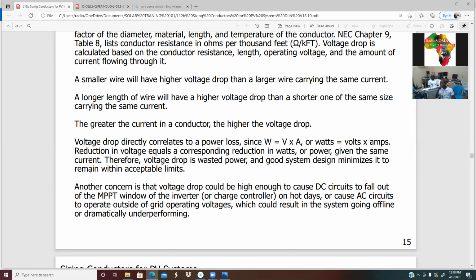You must make sure you get the appropriate of these three things to have a good system built, because you want to have the minimum voltage drop and a proper, uniquely installed PV system. That's what you want to have.